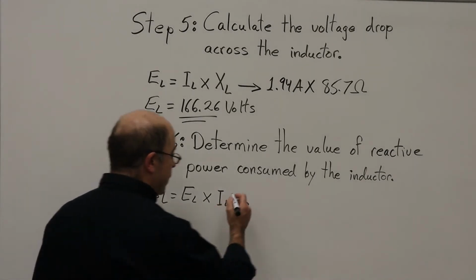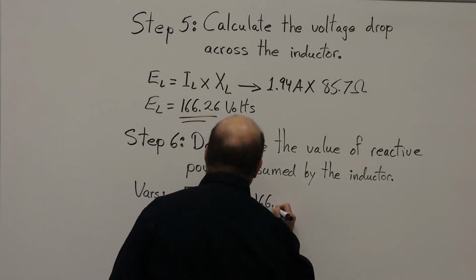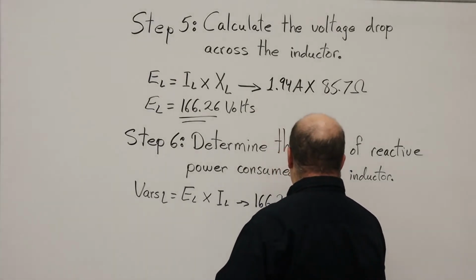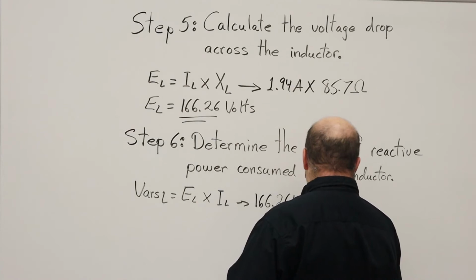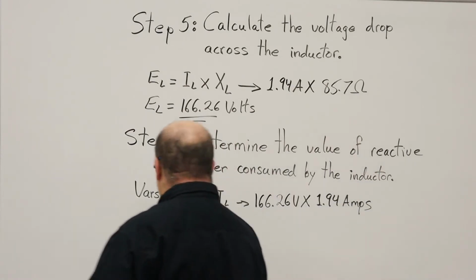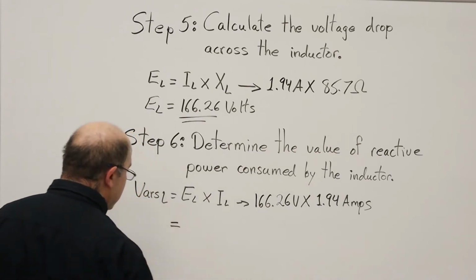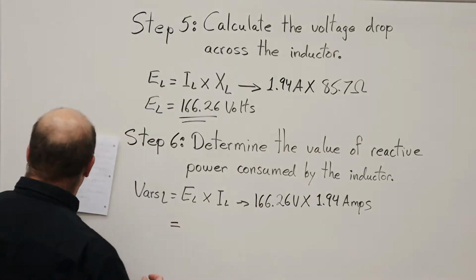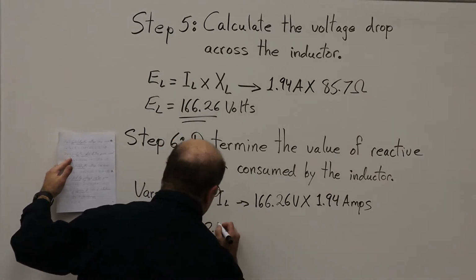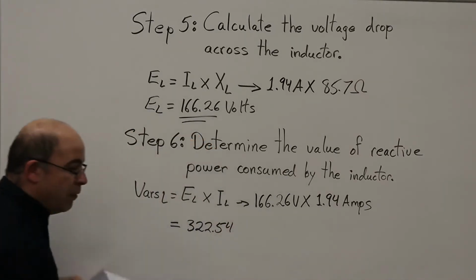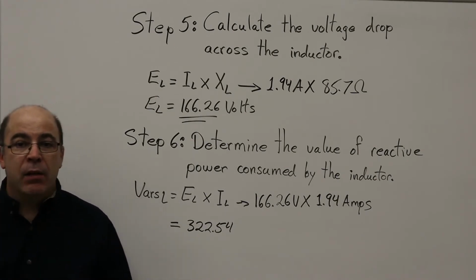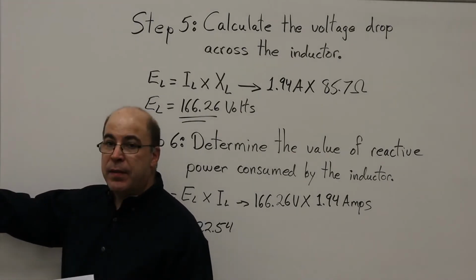In this case, 166.26 volts multiplied by the 1.94 amperes. So VARs L should equal 322.54 volt amps reactive.